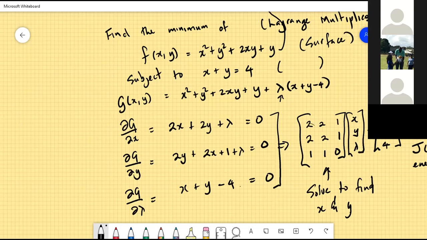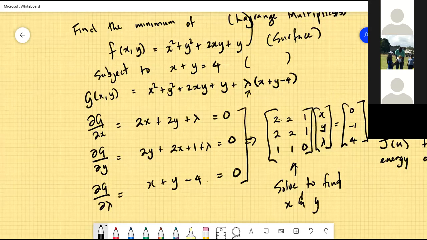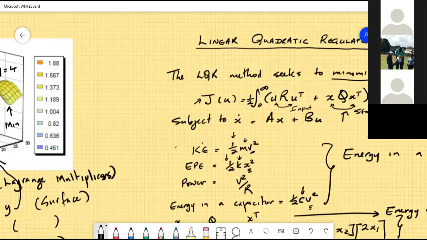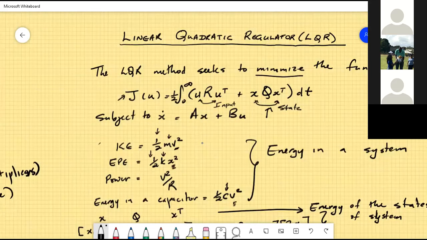Now, let me go back over to here. So we know that Ax plus Bu is the equation for the system. And the J(u) that we're trying to minimize is the energy of this system, the input energy and the energy of the state.